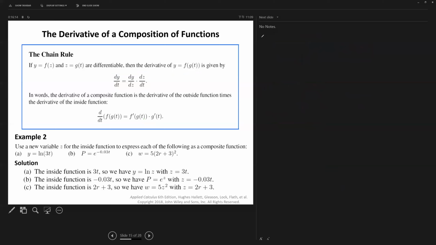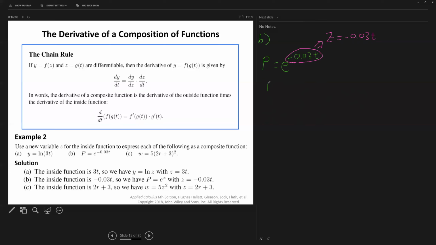Let's look at part B. We have p is equal to e to the negative 0.03t. And again, this is your inner function, right? And then e to the power of something is your main function, right? So let's call this z. Z is equal to negative 0.03t. Right?